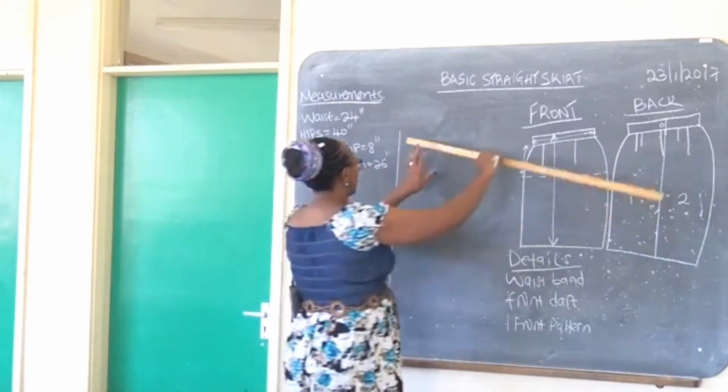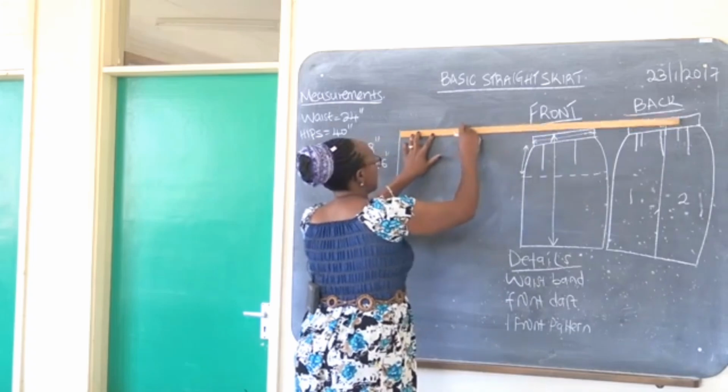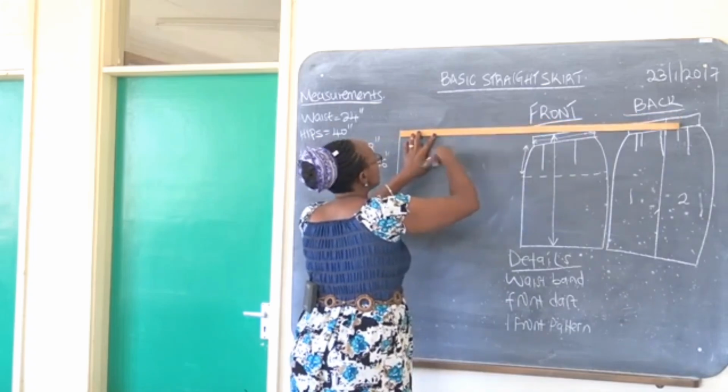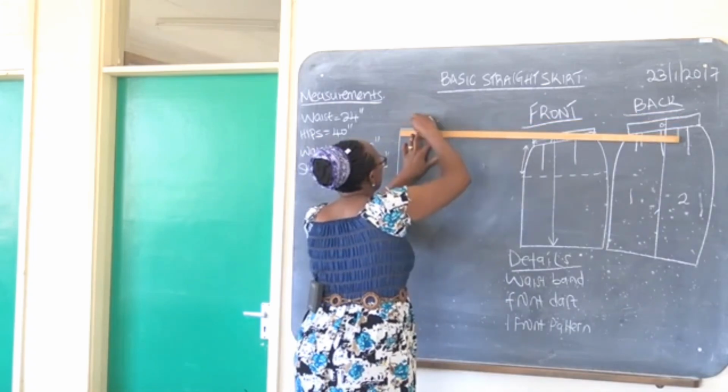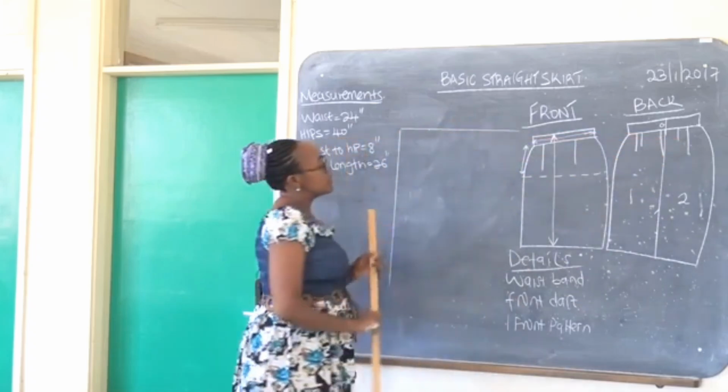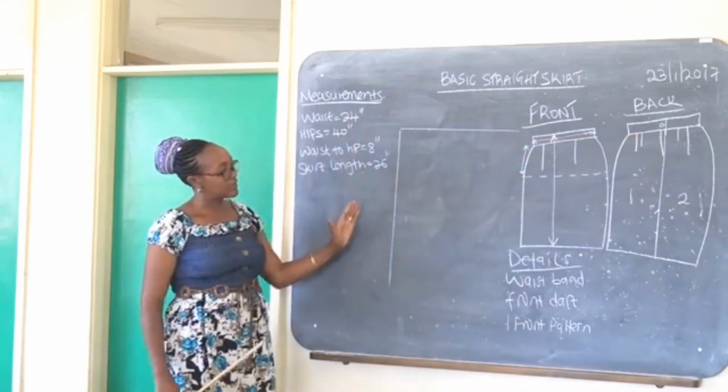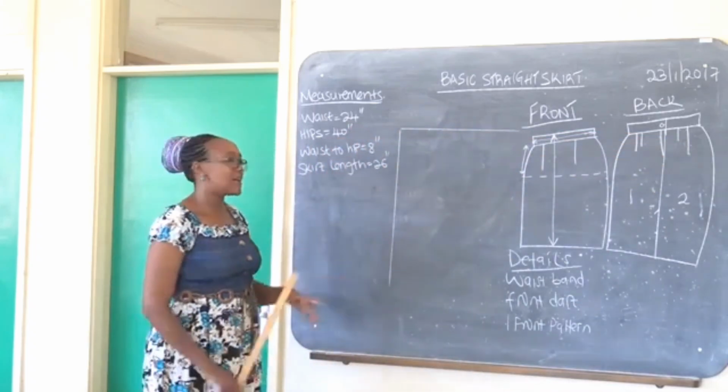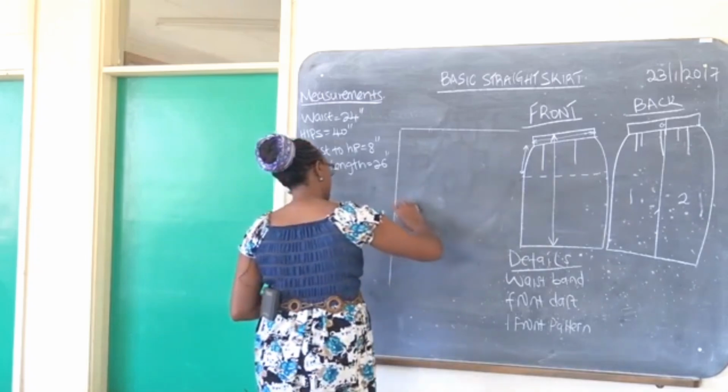You outline a line. You also need to outline another line across your fabric. And then once you identify this straight line, this will be your center back line.